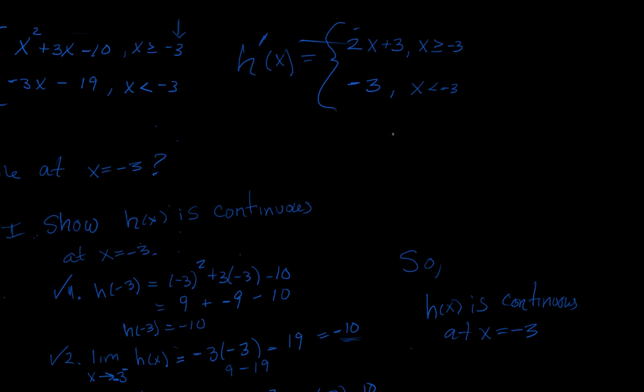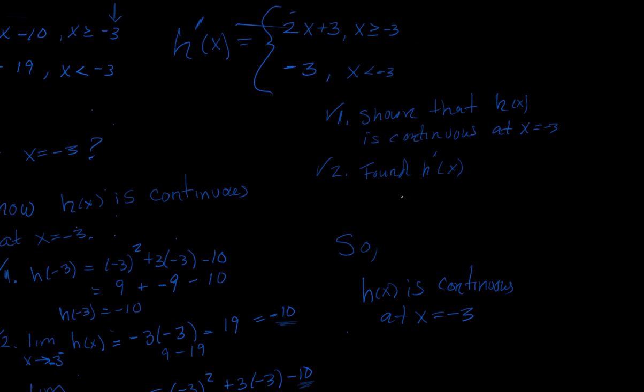We need to now show, so we've done the first part, we've shown that h of x is continuous at x equals -3. We did that in the previous step. Step 2, we found h prime of x. We've taken care of that.